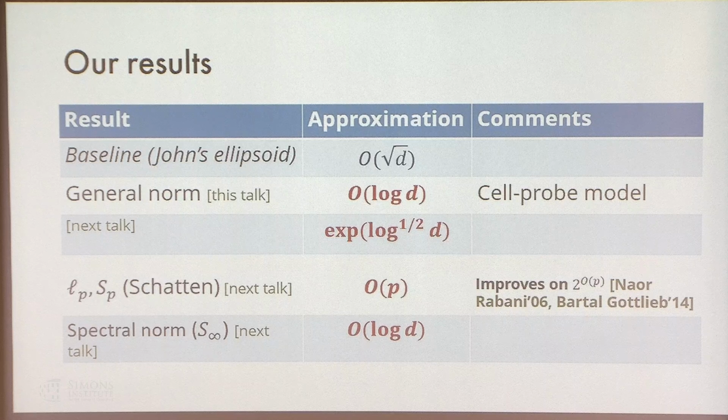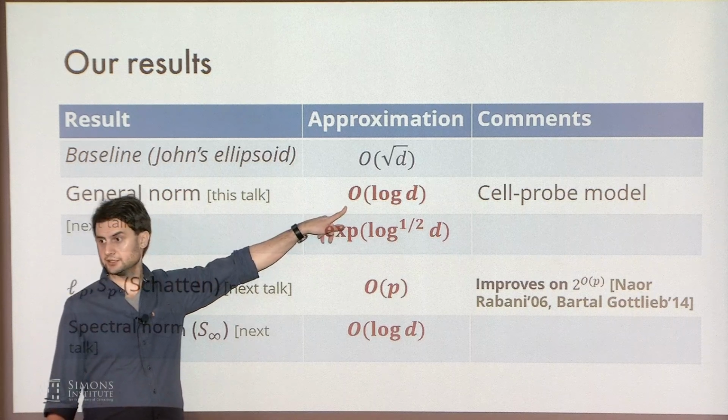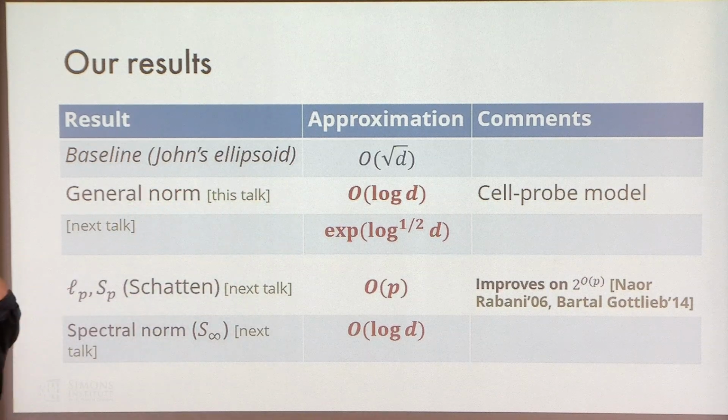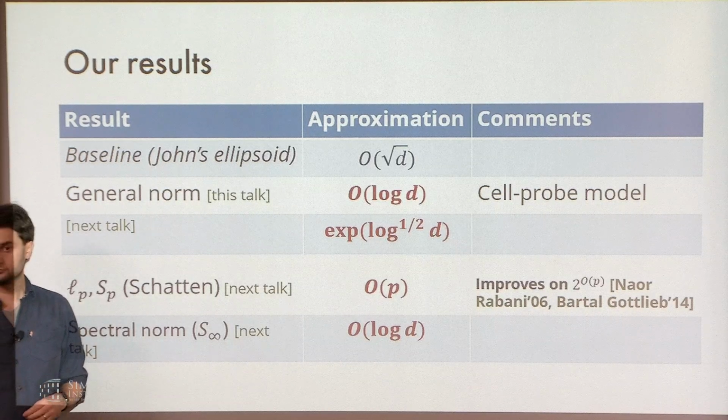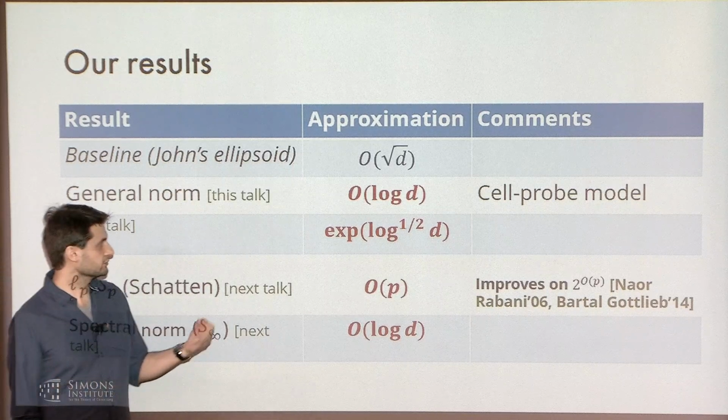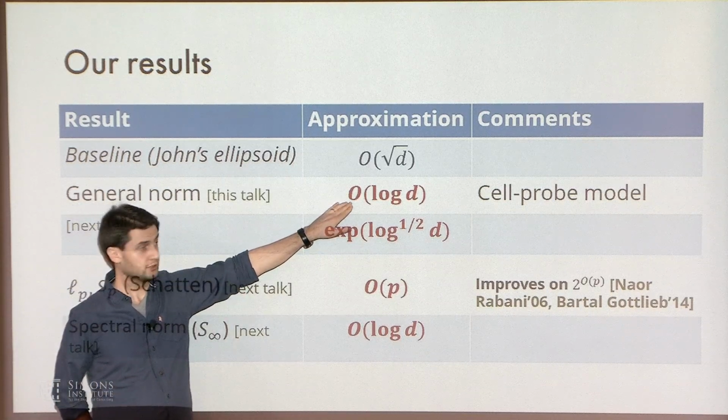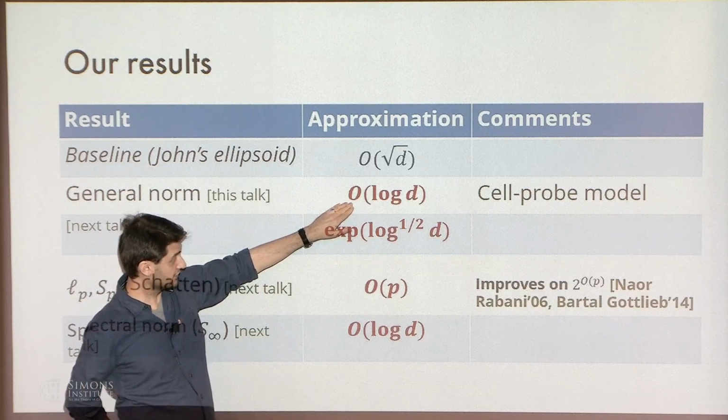In the cell probe model, do you have any lower bound that shows that a dependence on d, like logarithmic, is necessary as well? Oh, whether this approximation of order log d is necessary? We don't really have a lower bound for general norms. Just for our particular approach to designing, yes, log d is optimal, but for data structures, no. In particular, for l_infinity, a result of Piotr Indyk from '98 obtains approximation log d.